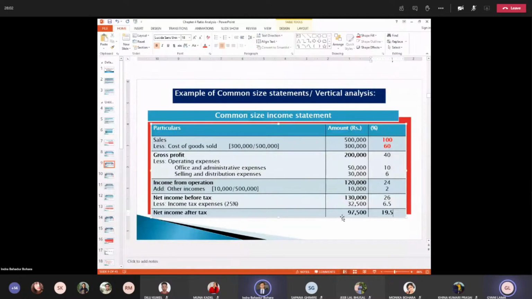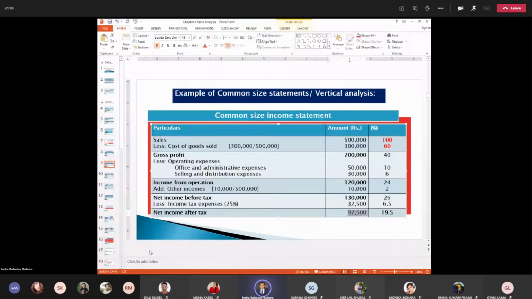So the company has 19.5 percent net profit after tax on sales, or 97,500 divided by 5 lakh.